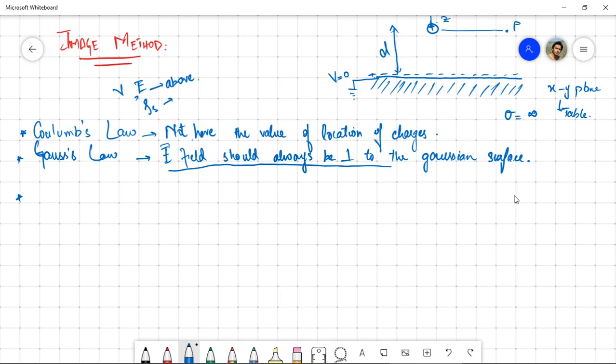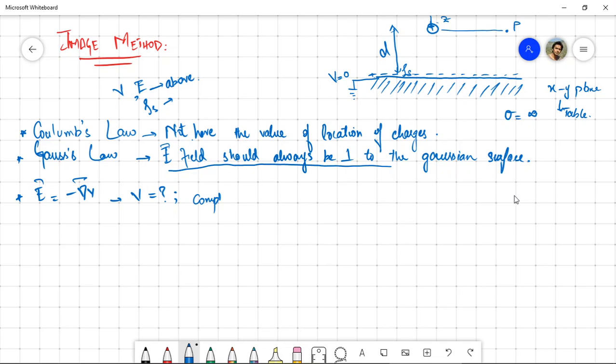Now moving on to the third thing that we had, E is equal to minus gradient of V. For this too, we need to calculate the value of V, and calculating V by using this non-uniform rho s that is induced on the surface of the conducting material due to the presence of this positive charge is going to be a lot more difficult process.